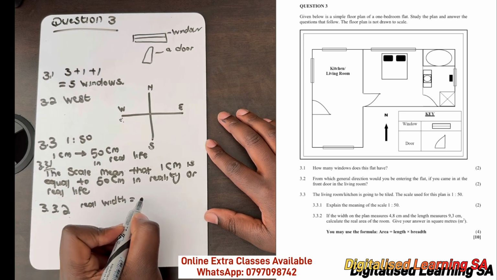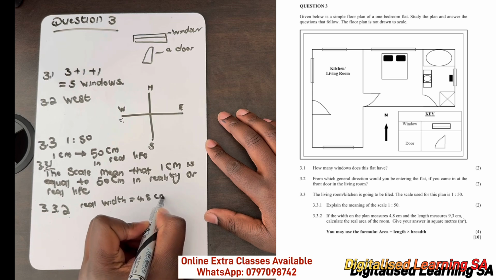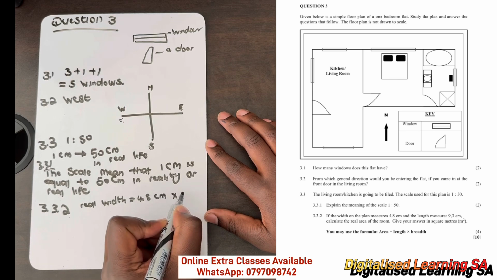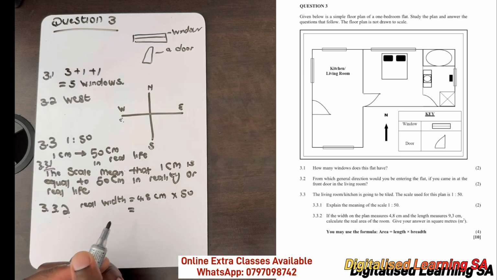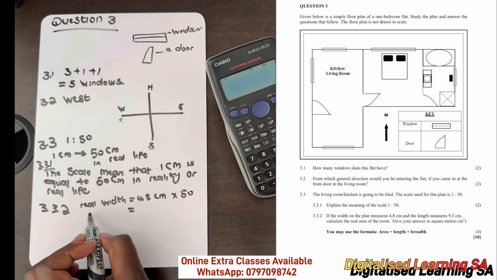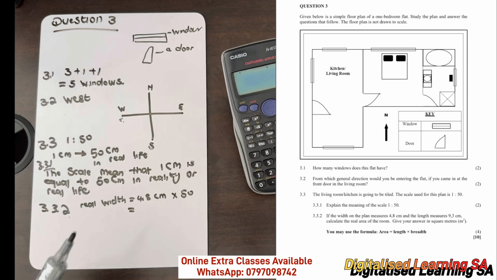So it will be 4.8 centimeters multiplied by 50. This will be our real width in real life. That's why we are multiplying by 50, because of the scale that we are given.